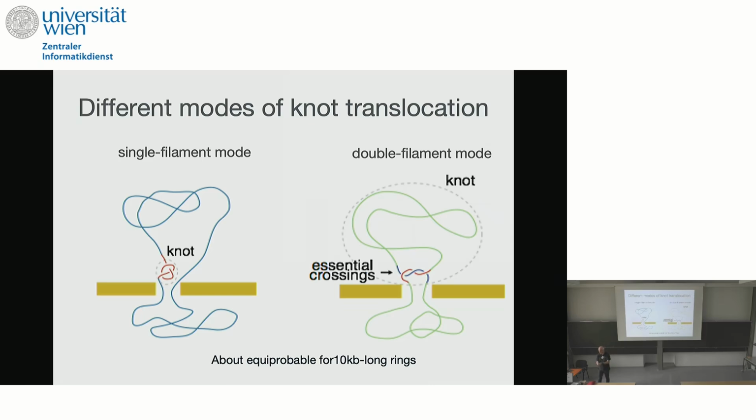As you pull them through, you still get a blip in the signal of the current or a drop in the speed of the current. Although here you would say that the knot is delocalized over this entire region here. But then the essential crossings are still localized, and therefore only this bit contributes to the drop of the current. Past the essential crossings, when you are still inside the knot, it would look like an unknotted circular DNA.